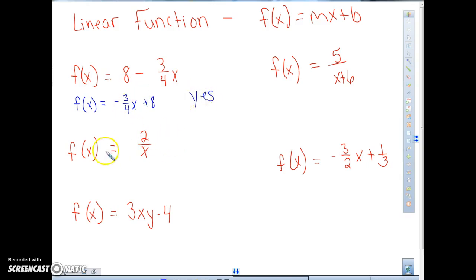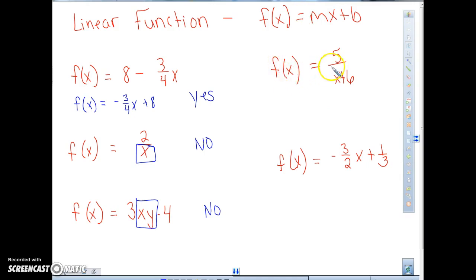The next one, f of x equals 2 over x. This is a no before we even try to put it in slope-intercept form because of the x on the denominator. F of x equals 3xy minus 4. Again, no before we even try because they're multiplying x and y together. Up here, y, which remember is f of x, and x are never multiplied together.